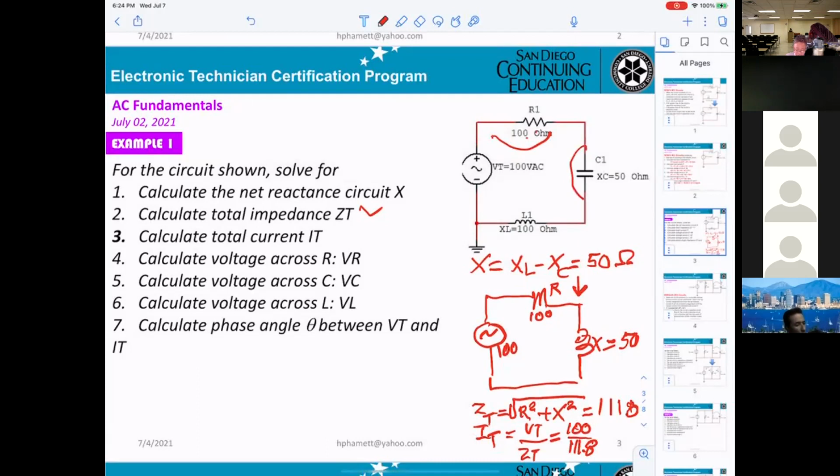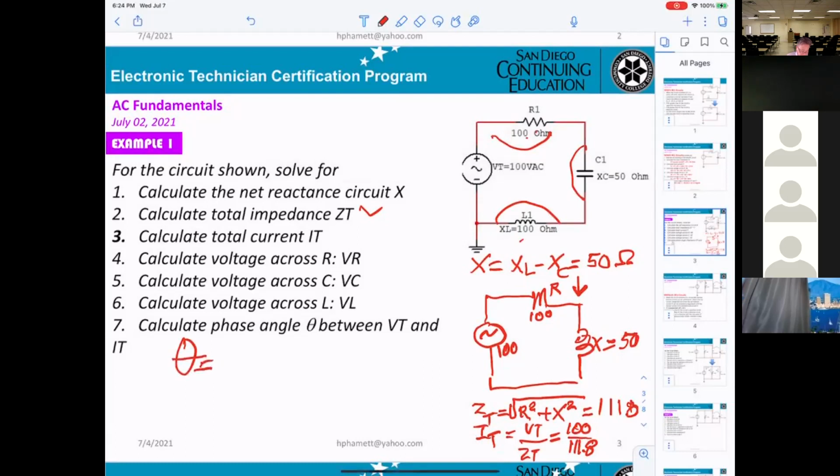You want voltage here, take the total current times XC. And finally, you want to calculate the voltage of the inductor, take IT times 100. The only thing left is they want to know the phase angle.